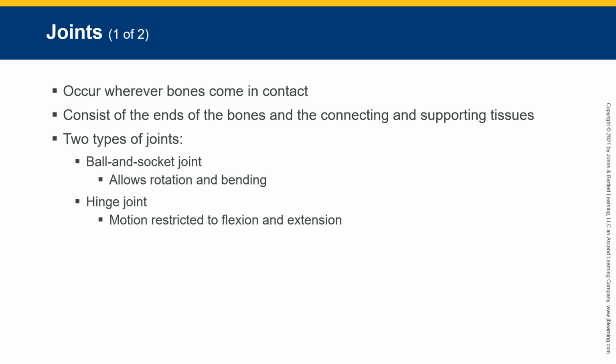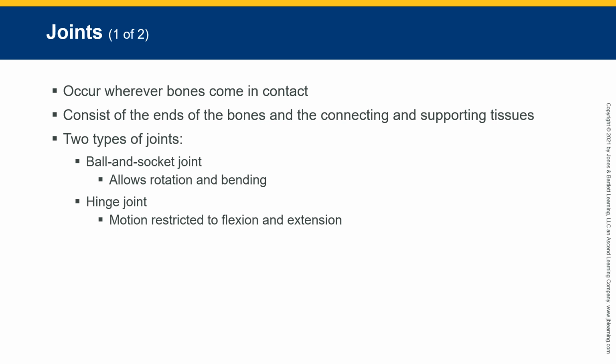All right, so your joints occur whenever bones come in contact. They consist of the ends of the bones that are connecting and supporting tissues. You have two types of joints. Which two? Someone can read the word. Okay. Yes.